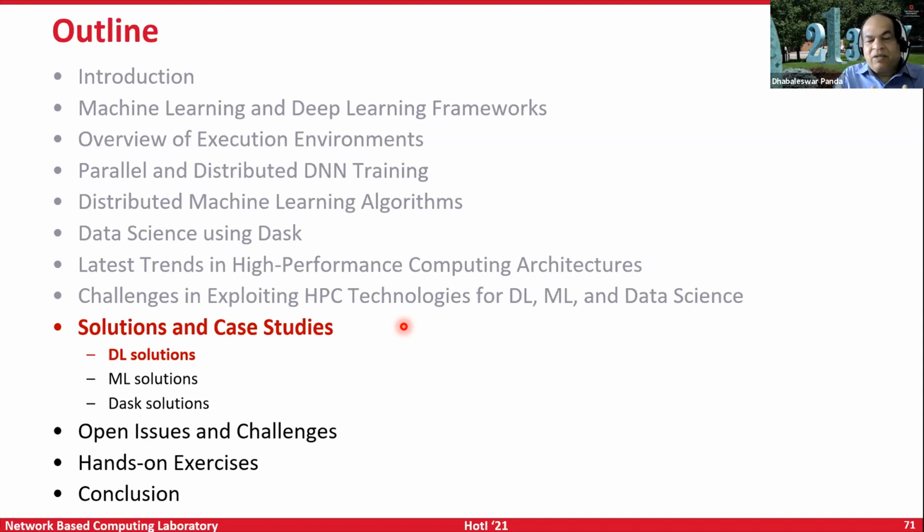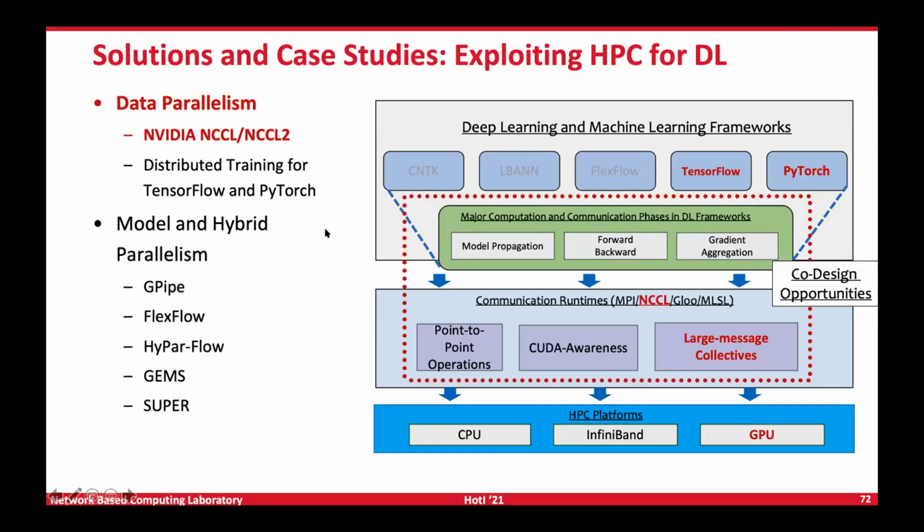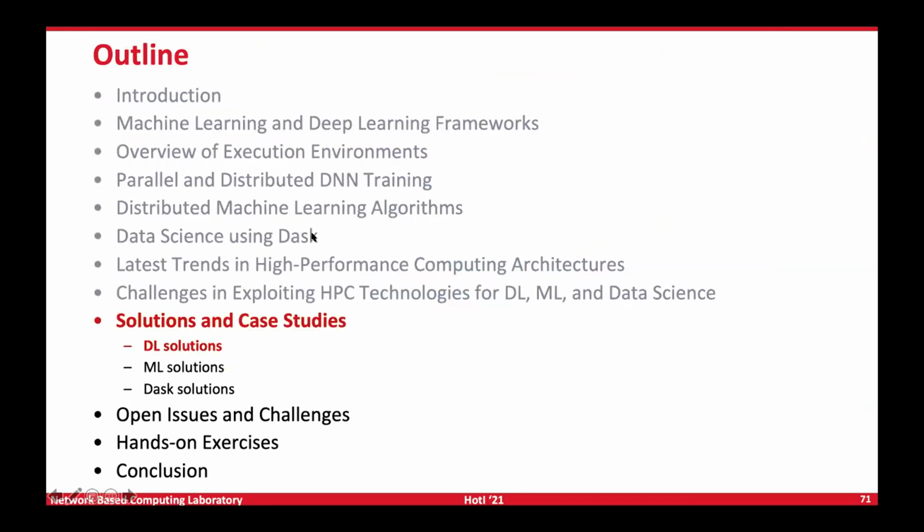So this is where all these vendors are pushing their efforts to come up with systems which will really deliver very high performance and scalable solutions for the next generation of ML, DL, data science, or in general, we can say AI solutions.